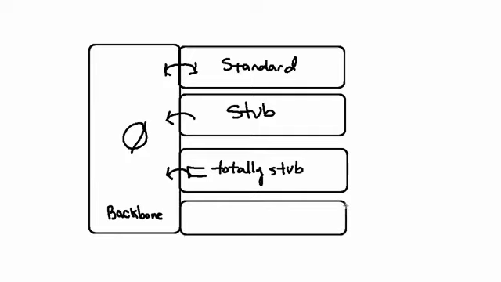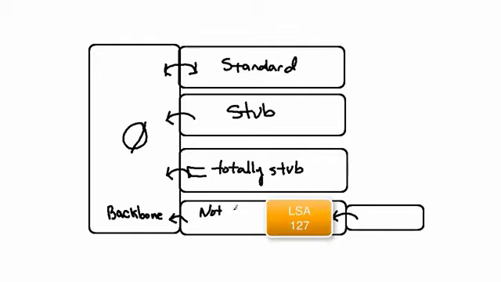And then finally, let's go over this concept of not so stubby areas. So, this is an interesting, I guess you could say, concoction, because not so stubby areas can connect to non-OSPF networks that are not a part of this autonomous system, and they can receive routes from those non-OSPF networks, or networks that are not participating in the autonomous system.